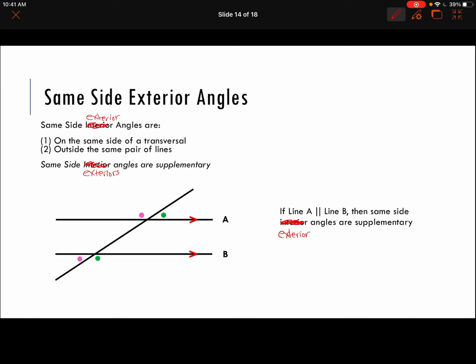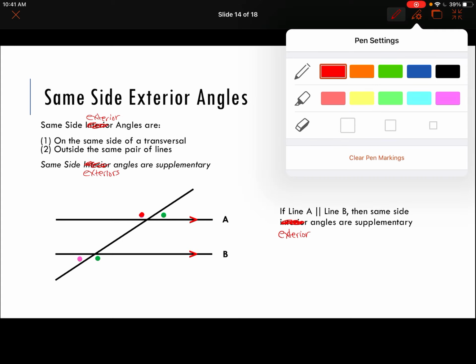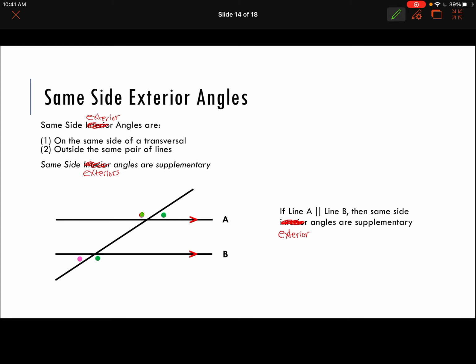So we're going to make this, excuse me for a moment. So this should be green. My apologies. So this angle should be green, and we'll make this one red. And so that will make this one red. So the green and the red angle add to equal 180. So if you knew this angle was 50 degrees and this angle was 130 degrees, then that other angle has to be 130.